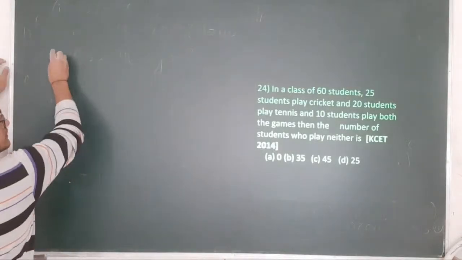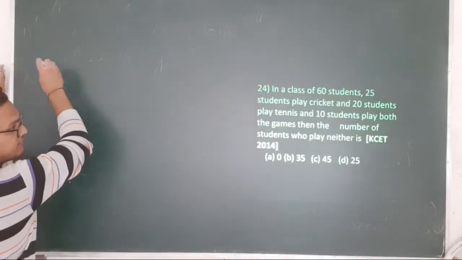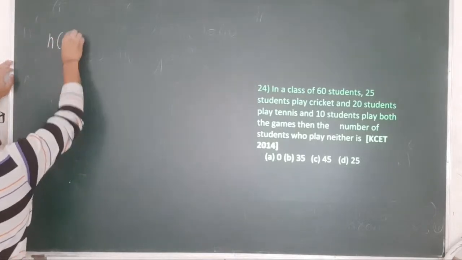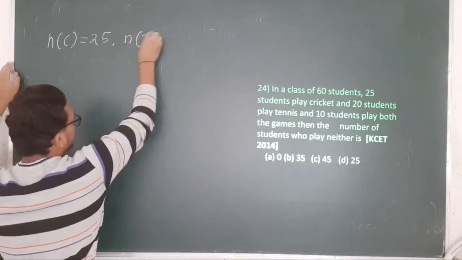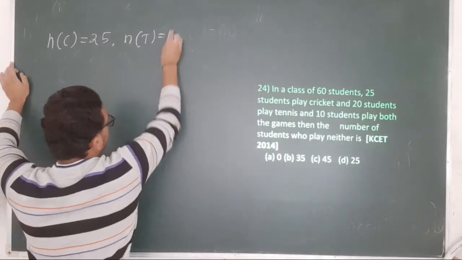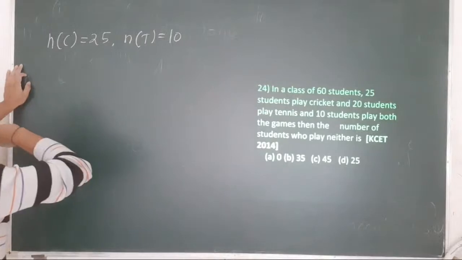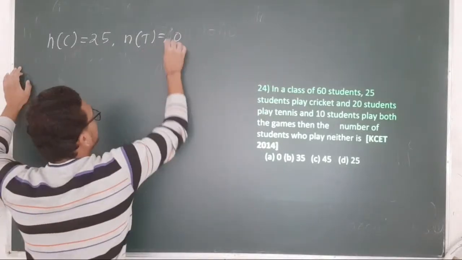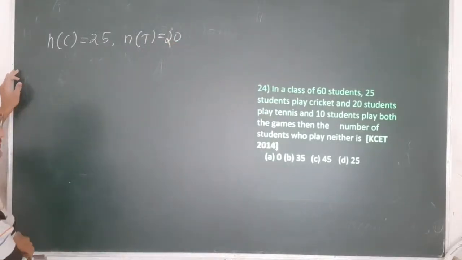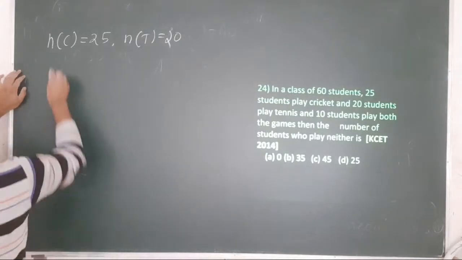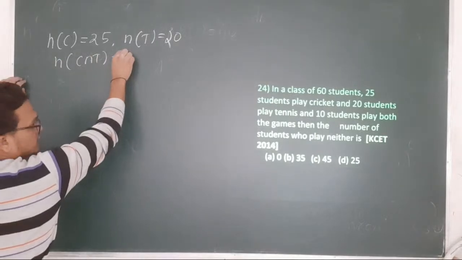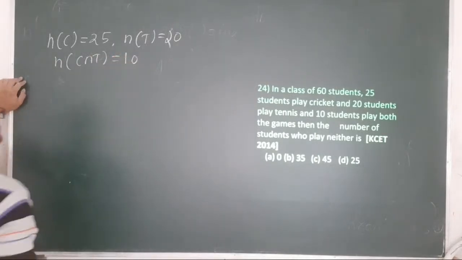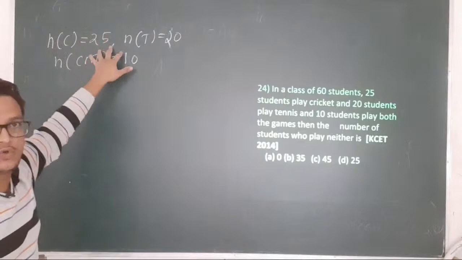First C, 25 students play cricket. So for cricket I will take C, so that is 25. Tennis I'll take T. How many? 20 students are playing tennis and 10 students are playing both the games, that is N of C intersection T, which is 10. Then these three things are known to you.